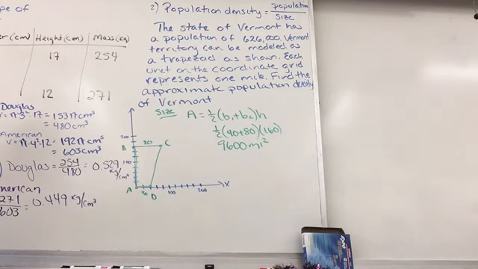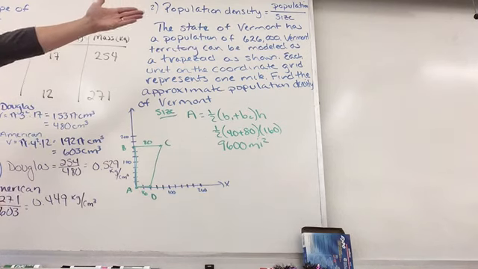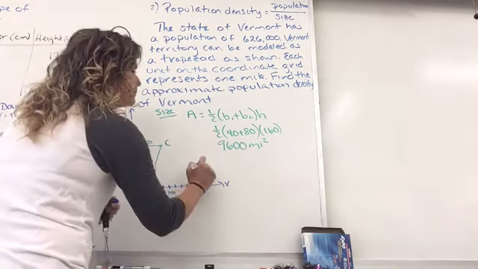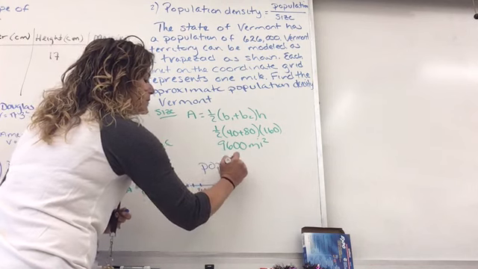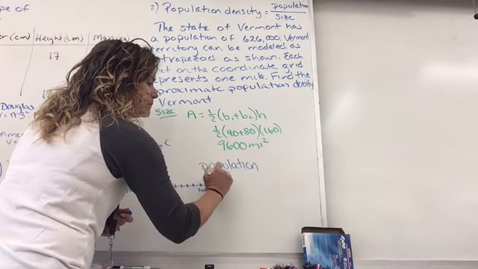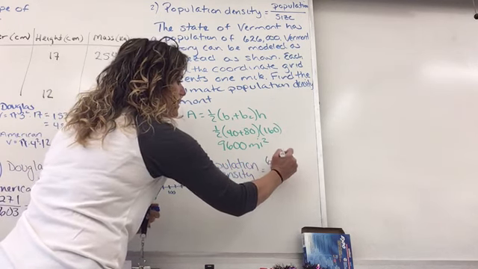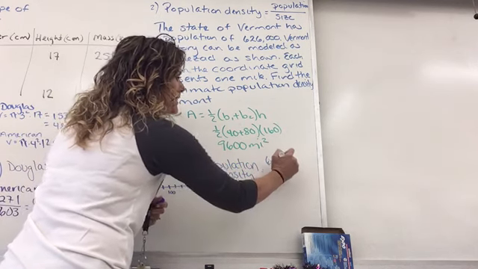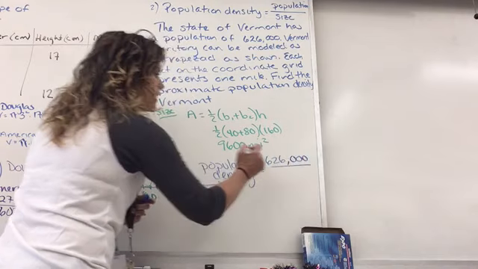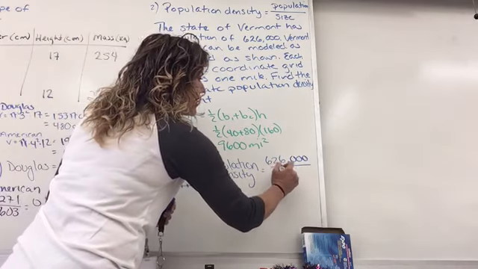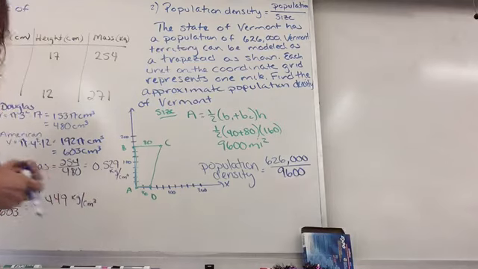So, to find that population density, according to my rule up here, I take the population. My population is 626,000, and divide it by the area, that 9,600.